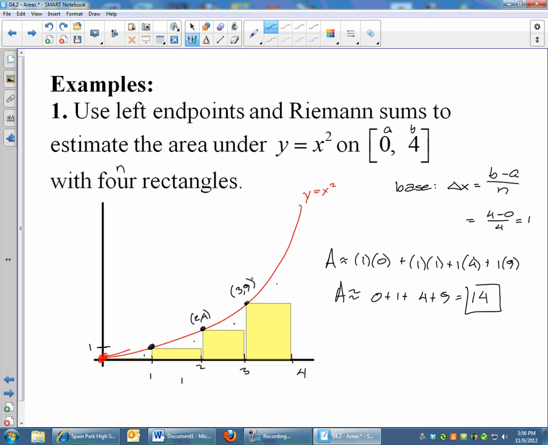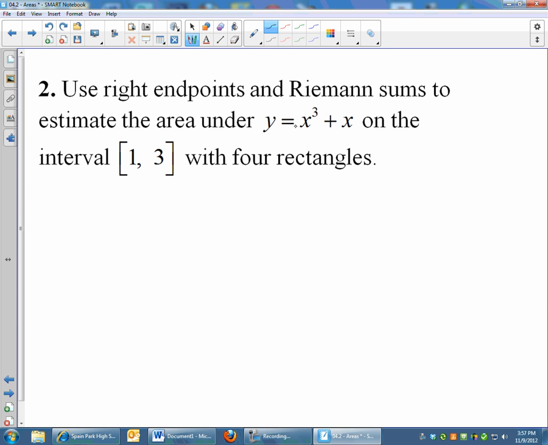So that was left-hand Riemann sums for rectangles, and we got an approximate area of 14 based on those 4 rectangles. And there is a rectangle with 0 height right here. Let's try right endpoints. Let's say I have the function x cubed plus x. Now I'm about to do something that's probably going to blow your minds, and you're not going to like this.